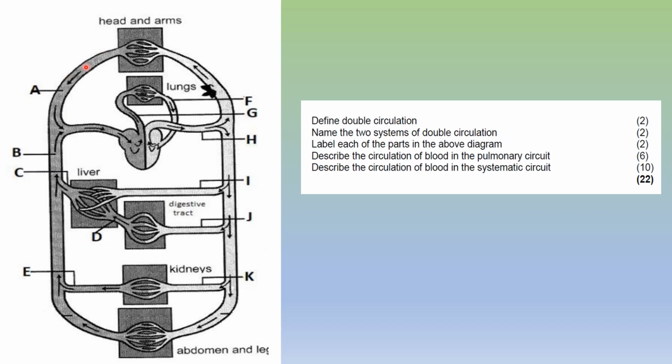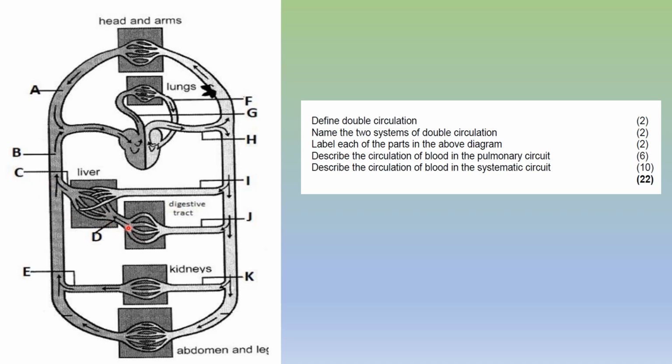So if my blood is coming from the head and the arms and it's going towards the heart, it's going to be my superior vena cava, again, detail in the next lesson. Coming from below, it's the inferior vena cava. Coming from my liver, so C is going to be the hepatic vein.